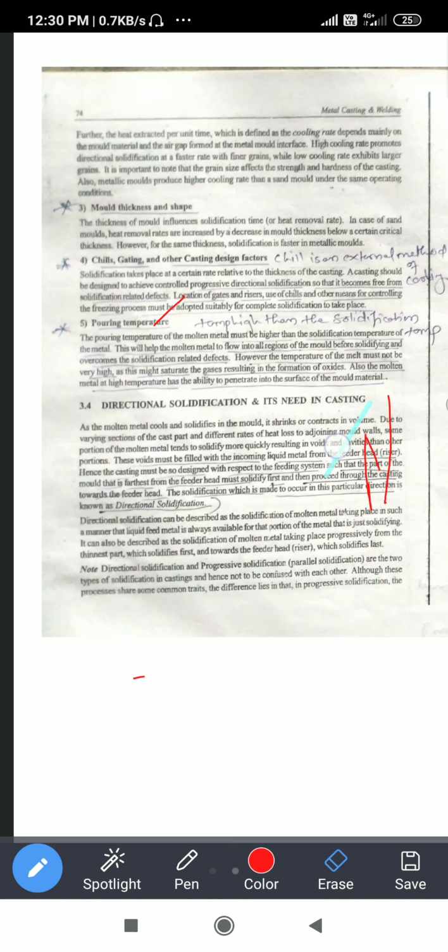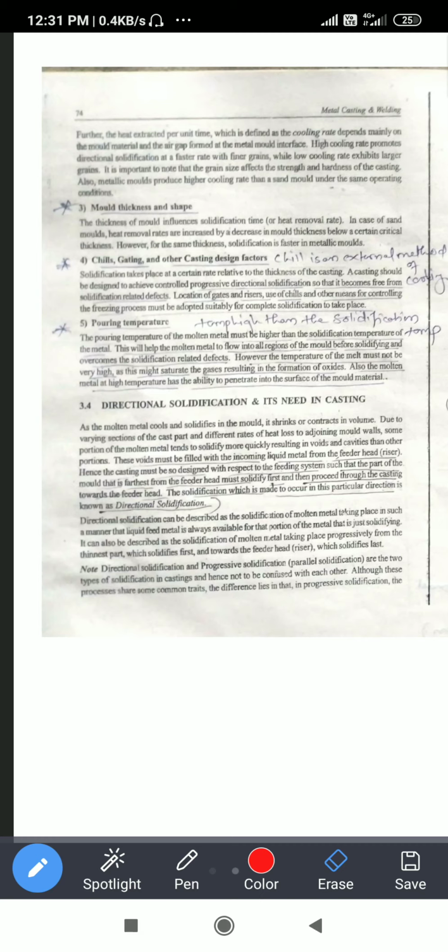So the solidification should occur in an appropriate direction and manner, and only then can the casting be defect-free and shrinkages be avoided. This is the important thing that you have to understand.